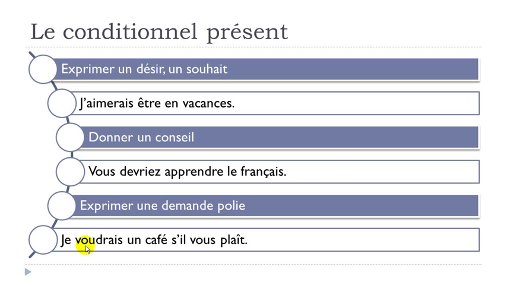And especially if you go in a coffee restaurant, or if you go in a shop and you want to ask for something, then use this conditionnel form. I mean, trust me, it's quite important. Okay? Je voudrais un café, s'il vous plaît. Okay? So let's read them one more time. J'aimerais être en vacances. Vous devriez apprendre le français. Je voudrais un café, s'il vous plaît.